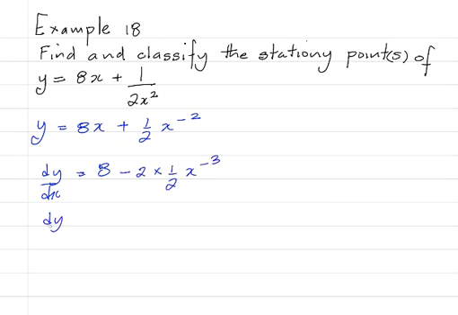So dy by dx is equal to 8 minus 1 over x cubed.